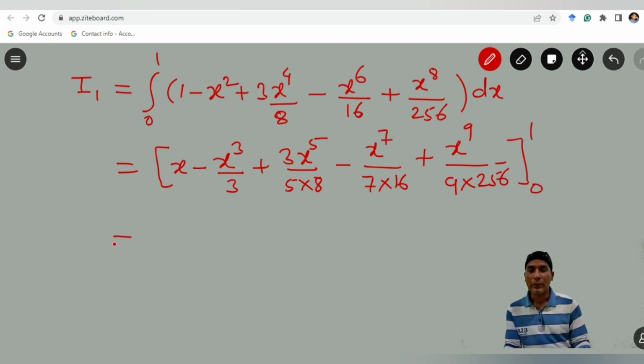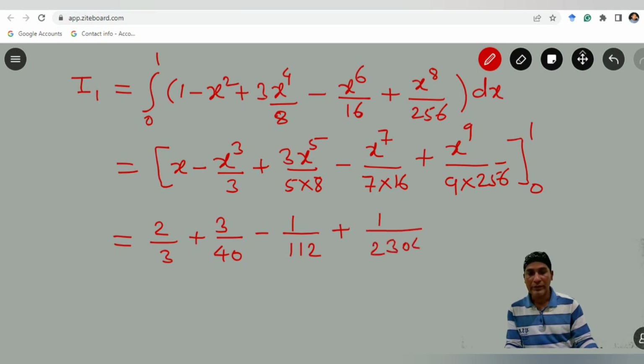Now after putting the upper and lower limits and simplifying, we can write 2 over 3 plus 3 over 40 minus 1 over 112 plus 1 over 2304 minus 0.